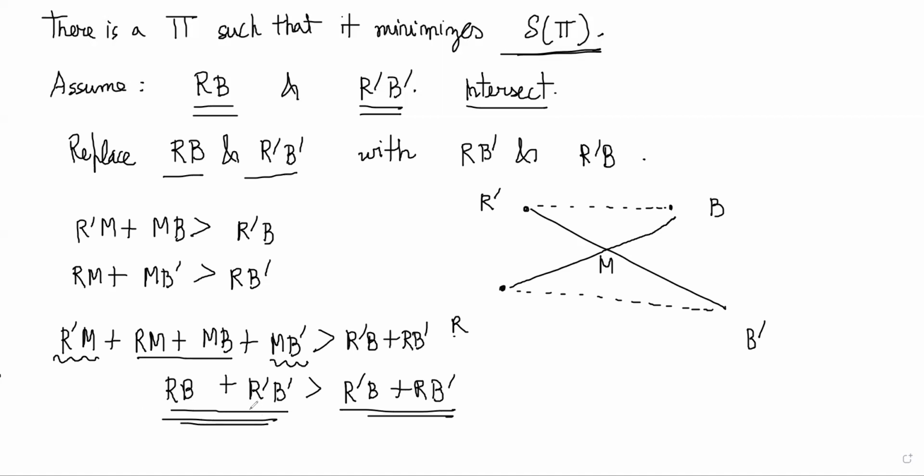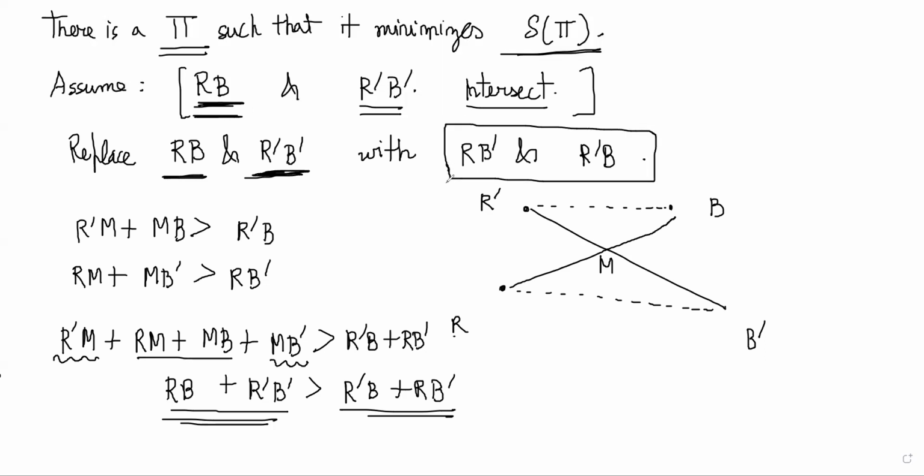So what we are saying is, if we have a pairing pi such that there are two line segments that intersect, we could replace the line segments RB and R dash B dash with these two line segments instead. Using the same 4 points, we have gotten two new line segments, but now the sum of this and this length is always lesser than the sum here.